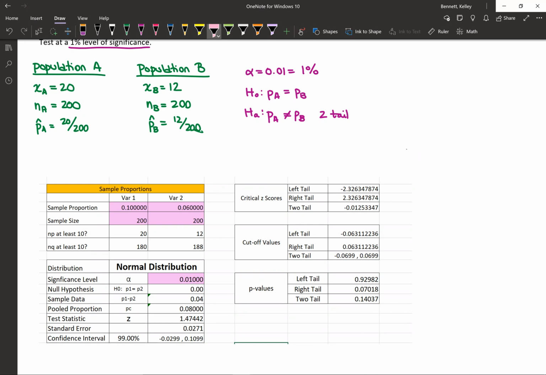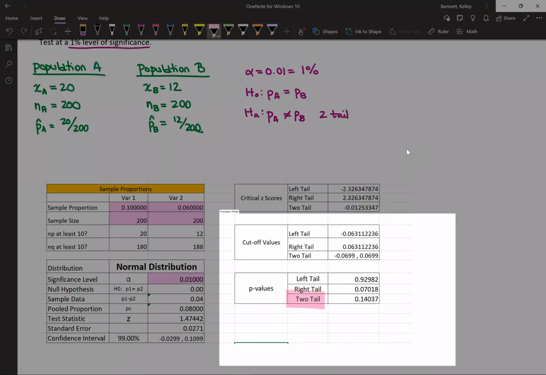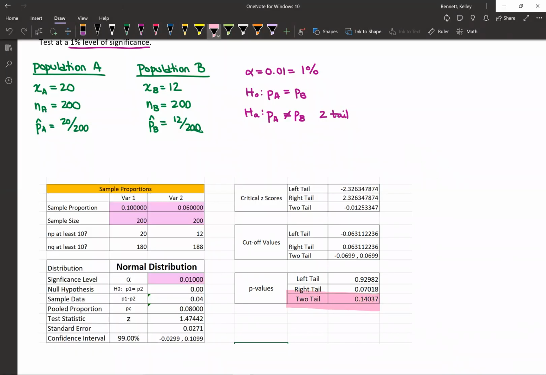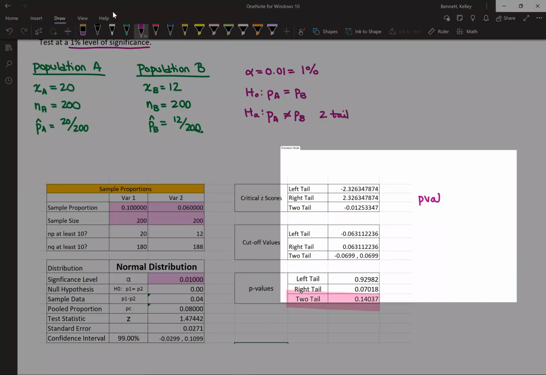So we can look at our p-value that's two-tailed. And as always, we're going to compare that to alpha. So what we have here is our p-value, which was two-tailed, being 0.14037, and then comparing that to alpha, which was just 1%, we can definitely see that our p-value is much larger, hence we fail to reject.